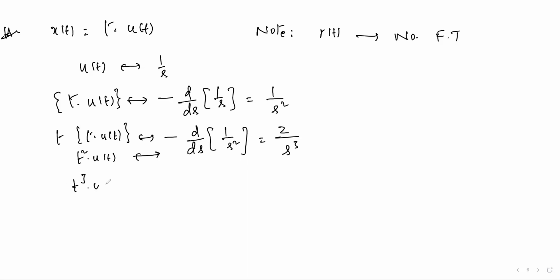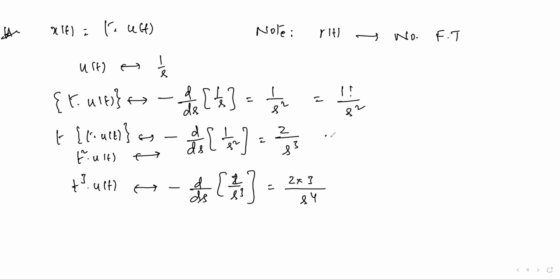T cube u of t. That means minus d by ds of 2 by s cube. So minus 3 numerator, that means minus minus plus 2 into 3 divided by s to the power of 4. So can I write this one as 1 factorial by s square, this one as 2 factorial by s cube, this one as 3 factorial by s to the power of 4.